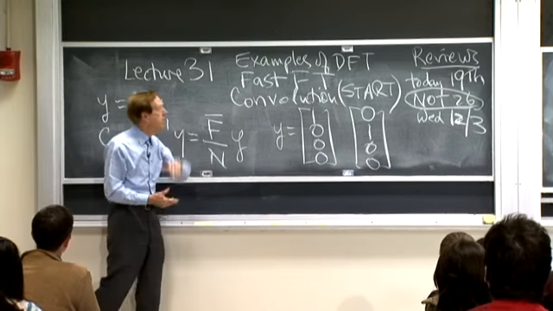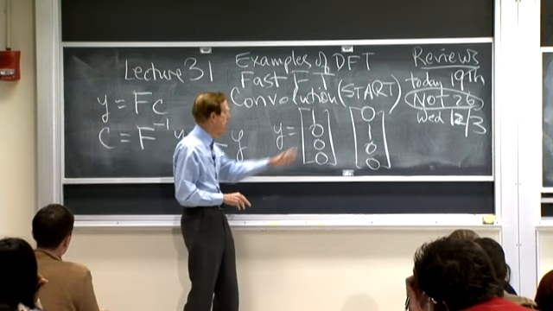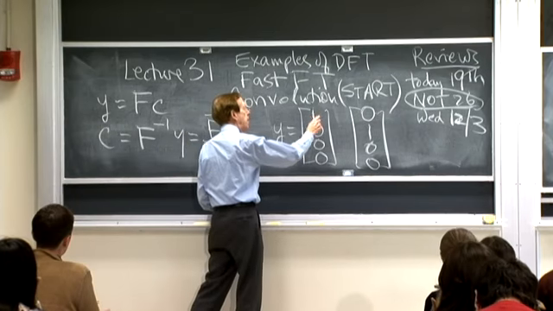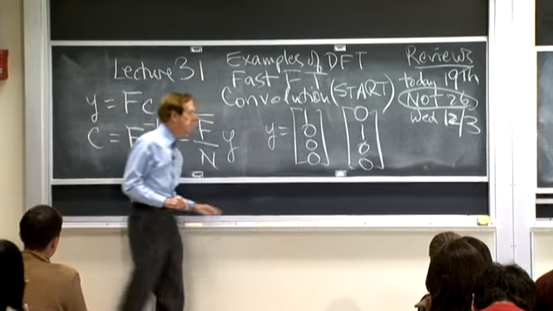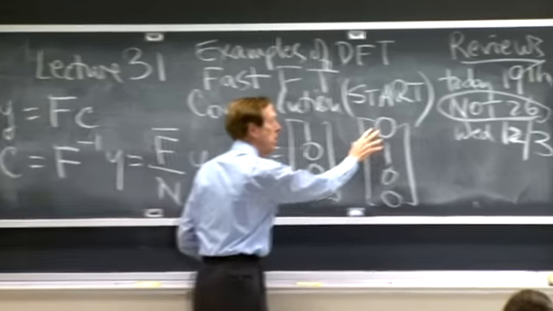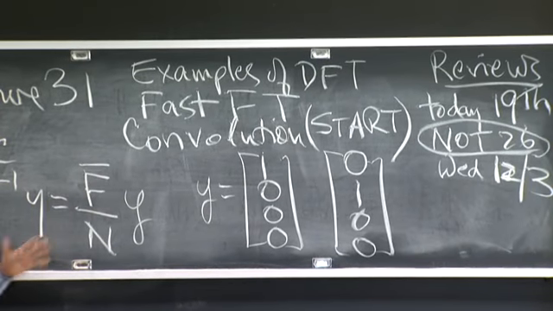Okay, so we didn't do examples yet. And one natural example is the discrete delta function that has a 1 in the 0 position. That's easy to do. And then we should also do a shift, to see what's the effect on the transform if you shift the function.